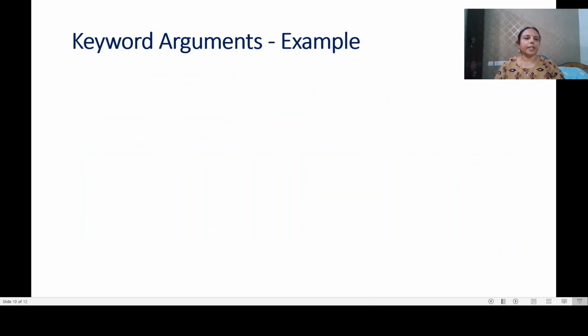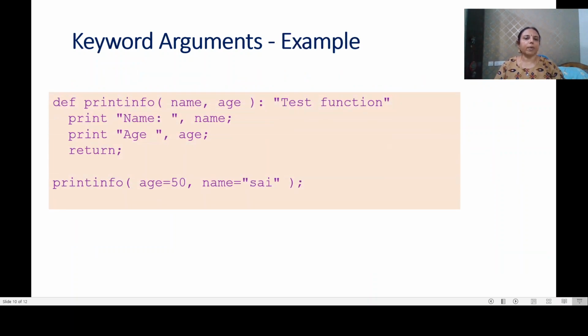Now let us explain keyword arguments with one more example. Here I have 2 arguments for this function, name and age, and inside I am just printing name is name and age is age. Now I am calling this function by writing the name of the function, and passing the values in a different order.